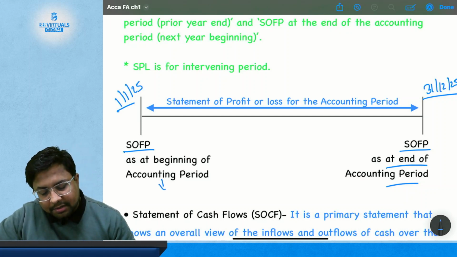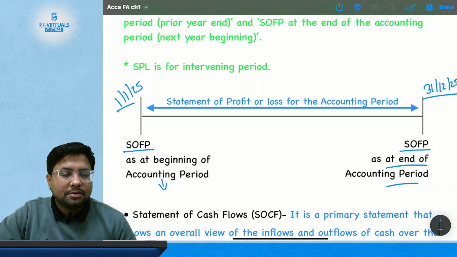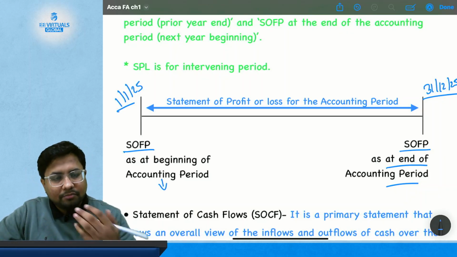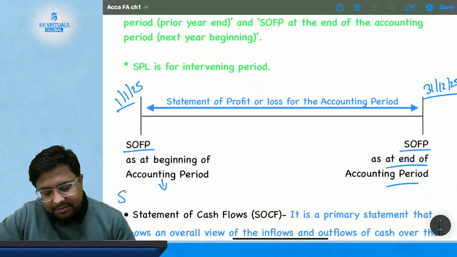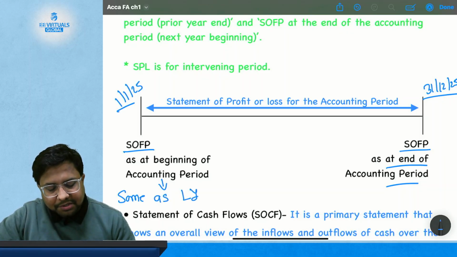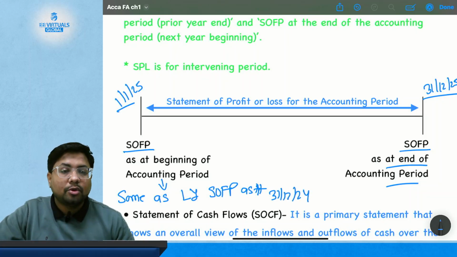But this beginning financial position or beginning balance sheet will be the same as last year's SOFP as at 31st of December 2024.